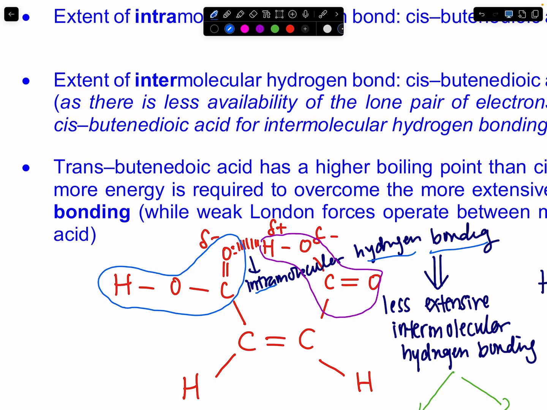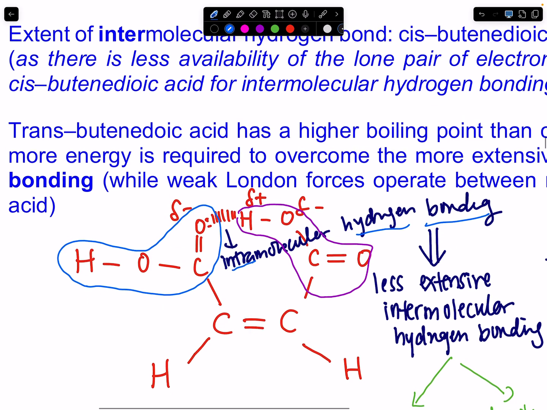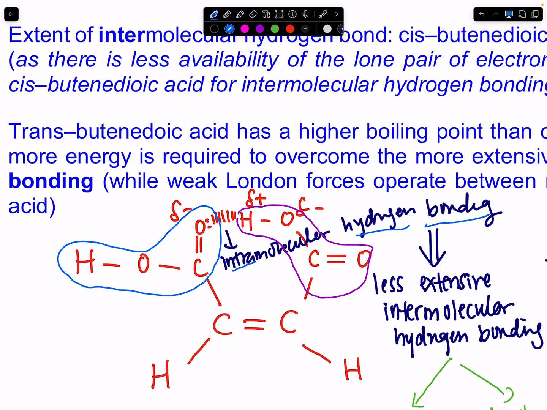Okay, so guys, when you form intramolecular hydrogen bonding, correct? What happens is that there's less extensive intermolecular hydrogen bonding. If you recall when I taught you chem bonding at the start of the year, forming intramolecular hydrogen bonding is like forming a clique.